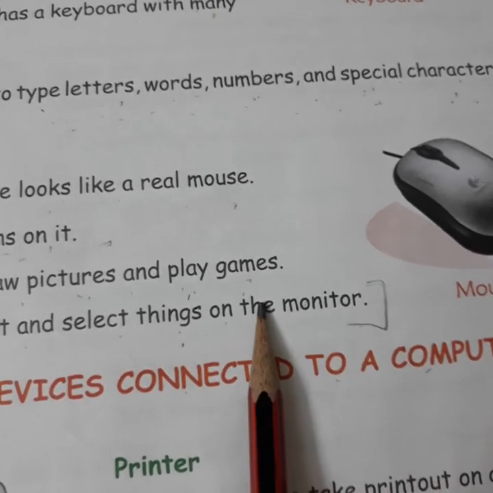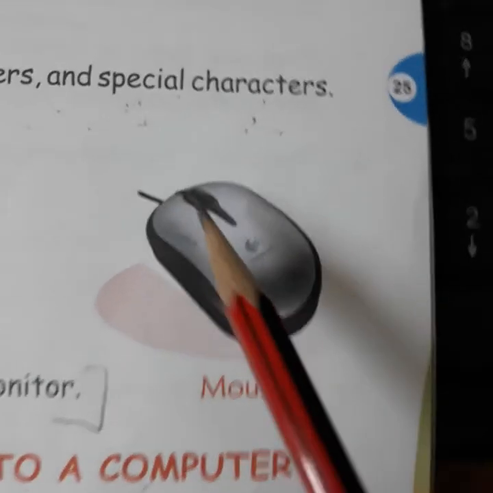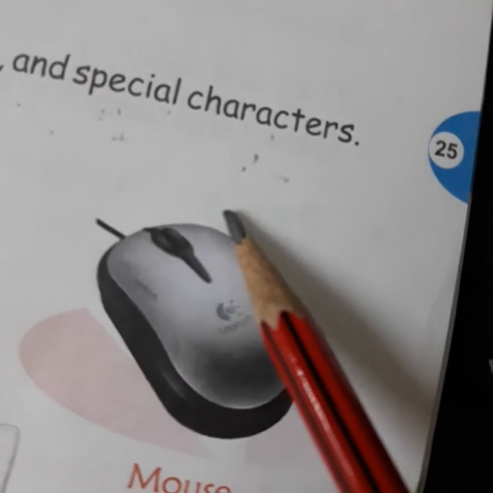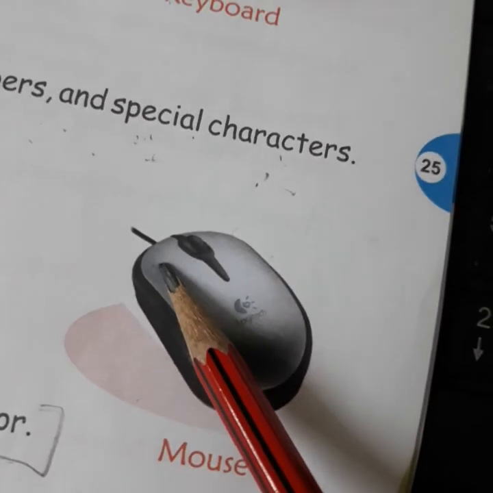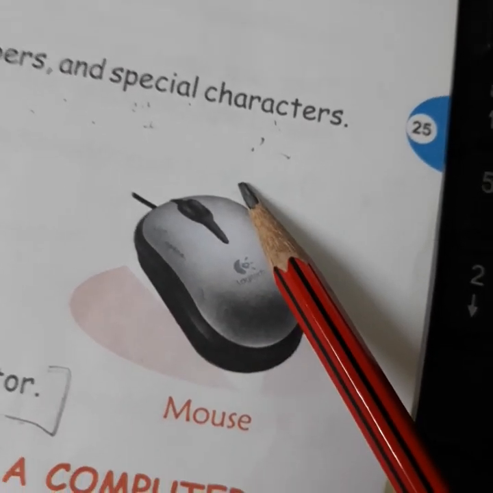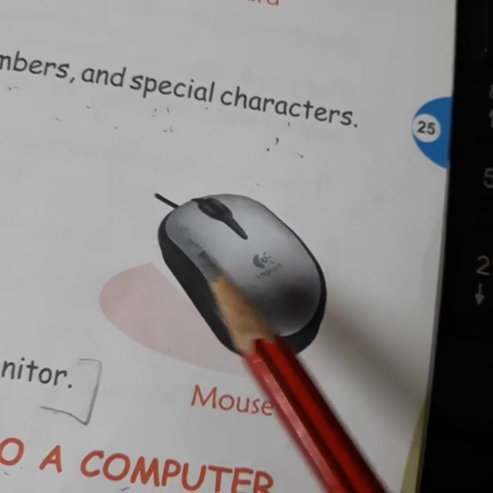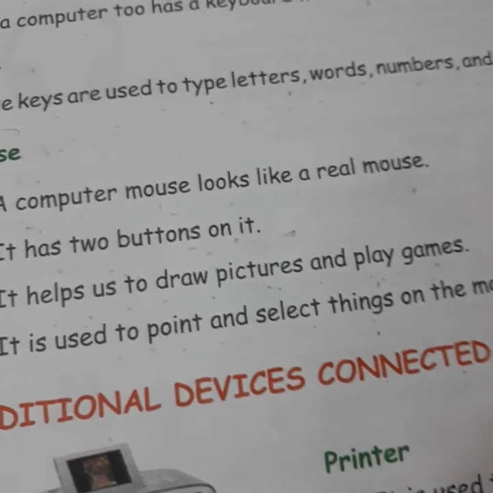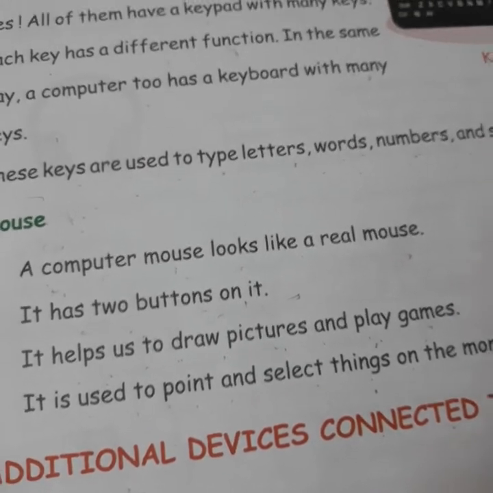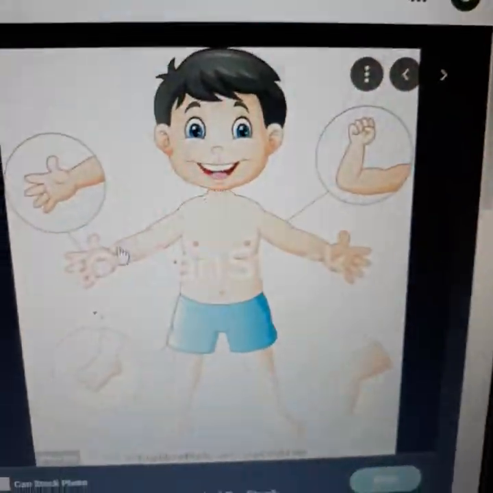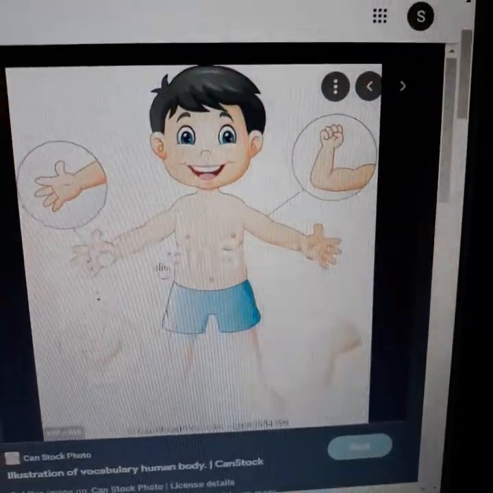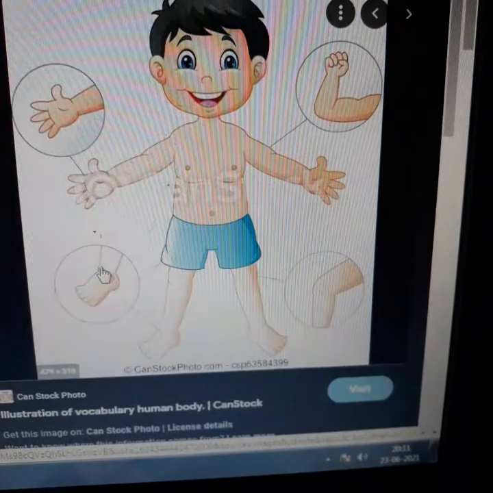Okay, now see, this is the mouse. It has two buttons. This is the left button, this is the right button. And we use the mouse to draw pictures and to play games. It is also used to point at something. See, this is the computer. See, this is an arrow. It is moving. I am pointing to the hand, I am pointing to the foot.